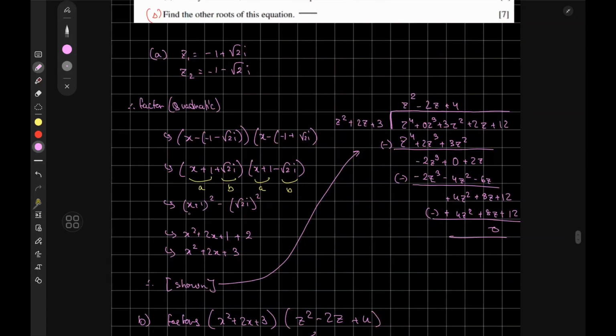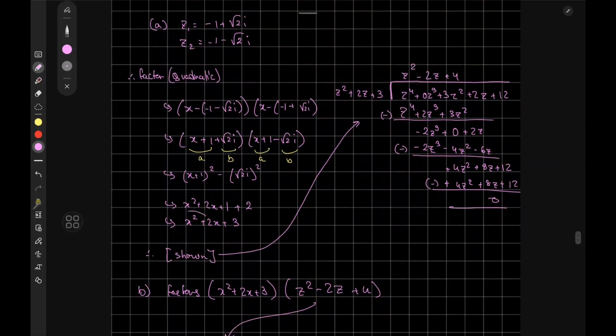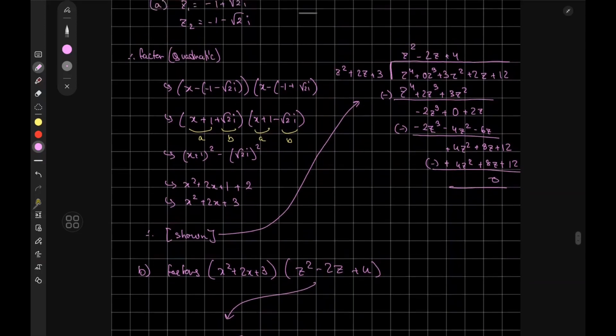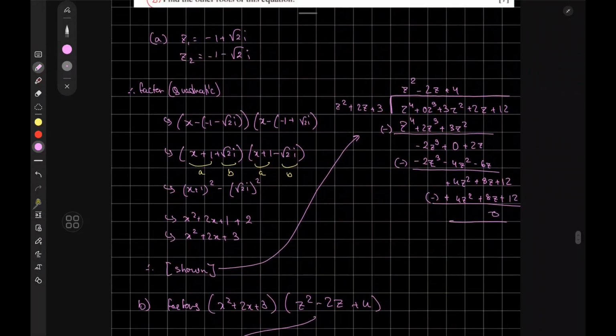I have used a square minus b square formula, and I've received an expression of x square plus 2x plus 3. So don't use x, because the equation is in terms of z, use z instead, but I used x by mistake. So use z and you're going to get z square plus 2z plus 3, right?